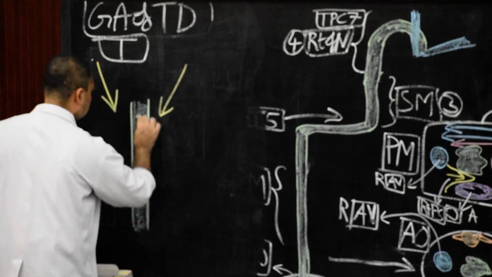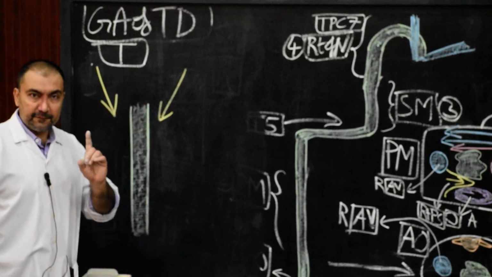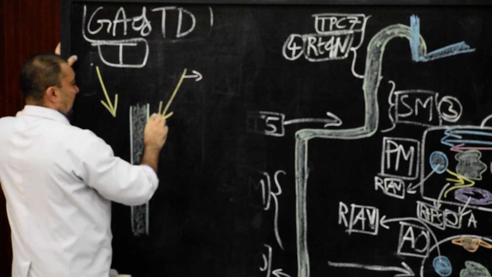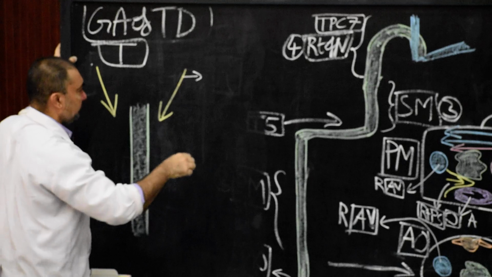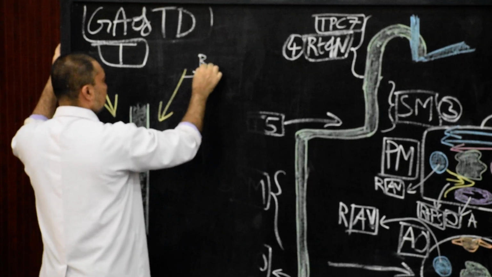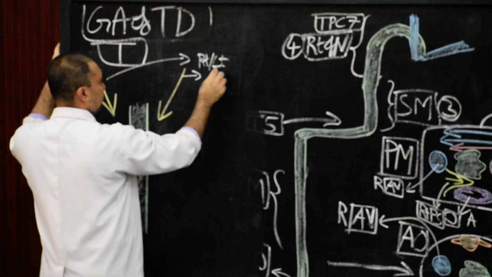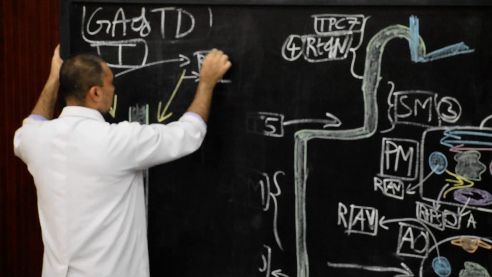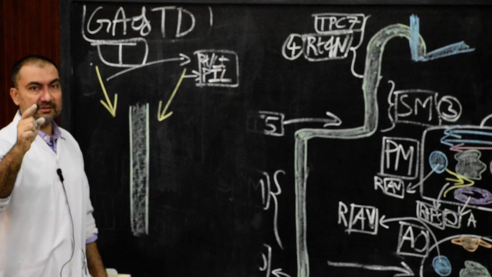So this is the thoracic duct, and the arrows which are coming, we are going to mark as the first set of tributaries, and these are the right and left posterior intercostal lymphatic channels coming from the lower 6 intercostal spaces.